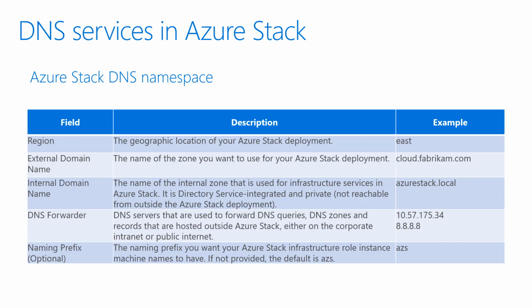We have to have an external name for the Azure Stack deployment and the ARM layer you're going to be working with. So you might have east.cloud.fabricam.com just as a name. That would go to the grouping of one or more Azure Stacks in whatever physical location East was.